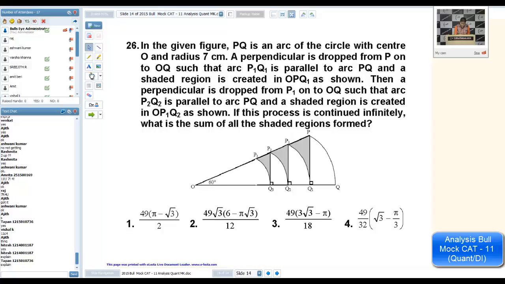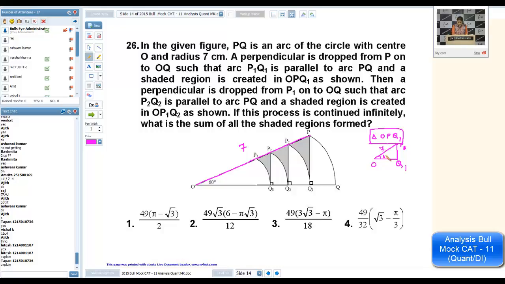So this pink line, that is the radius OP, is given as 7 centimeter. If we talk about triangle OP1Q1, I'm taking a replica of this. This is P1 and this is Q1. So I am talking about this 7.